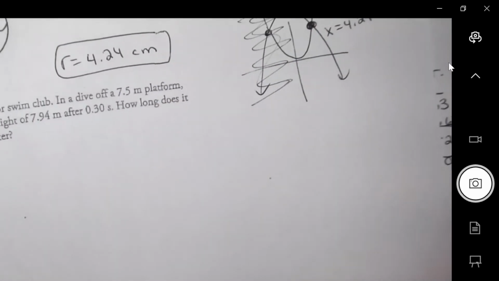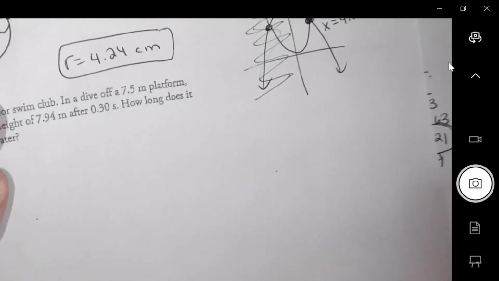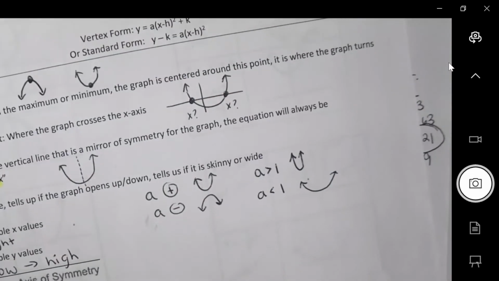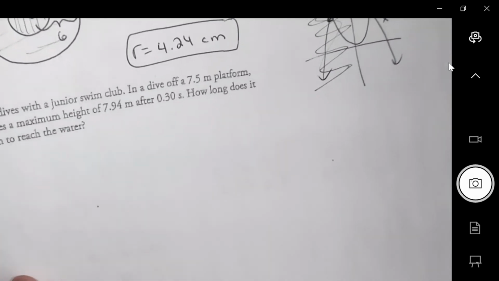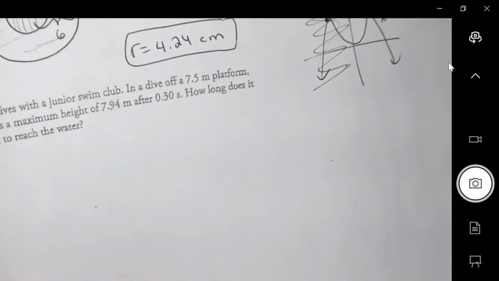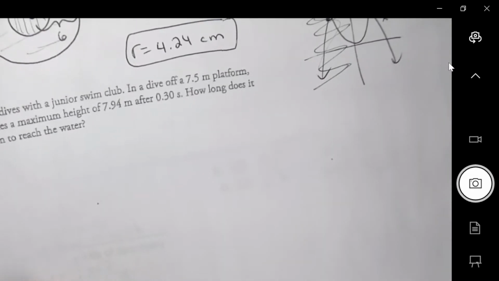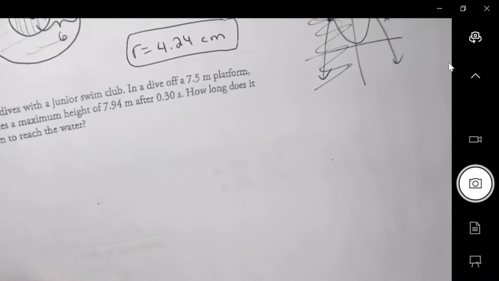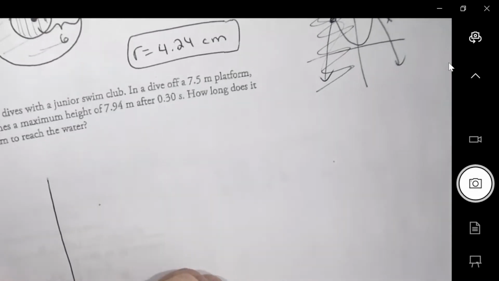Okay, you're going to have to flip to a Duncan question, and it's on page 16. Okay, Duncan is a diver, and he dives off a 7.5 meter platform.